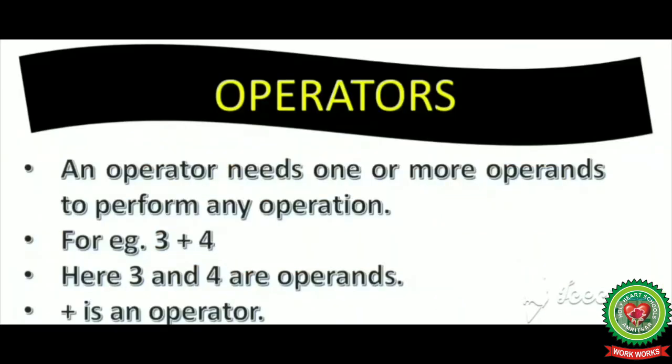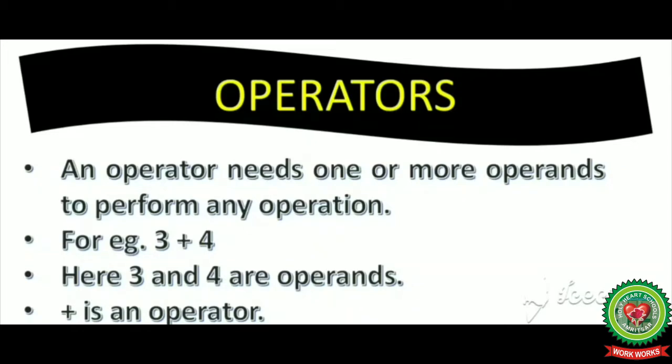So start with operators. An operator needs one or more operands to perform any operation. For example, 3 plus 4. Here 3 and 4 are the operands and plus is an operator.